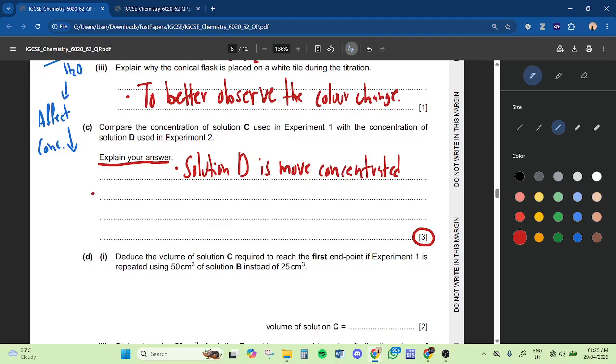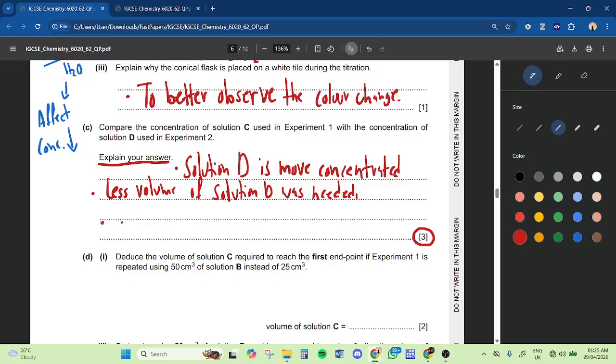Then you're going to mention that less volume of solution D was needed. And the 3rd mark is going to be for mentioning the concentration.